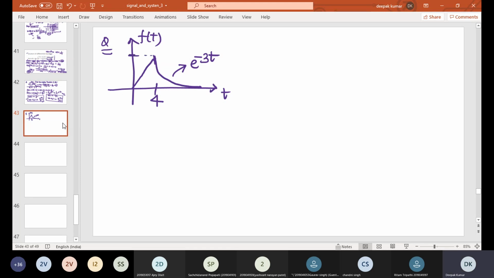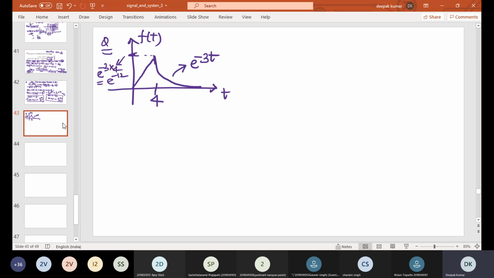What will be the amplitude? Slope is not given. Still you can calculate the amplitude by putting the value of t in this expression, because the value of this graph at t equal to 4 seconds will be e to the power minus 3 into 4, that is equal to e to the power minus 12.